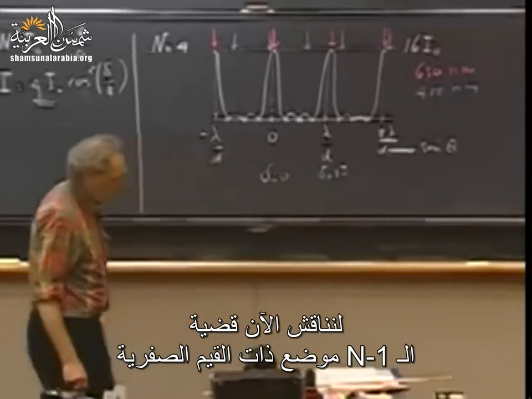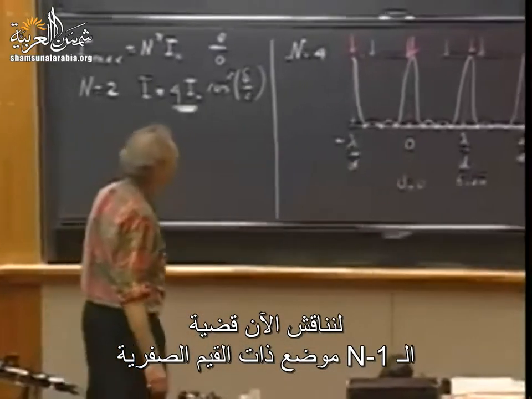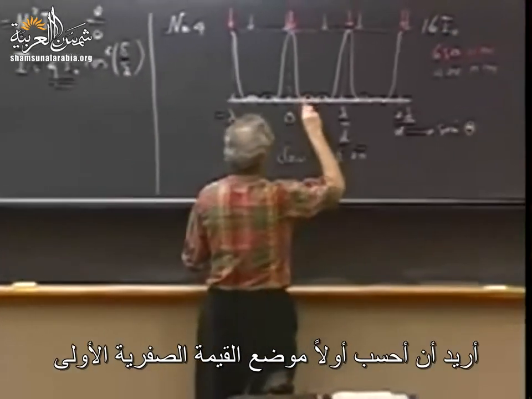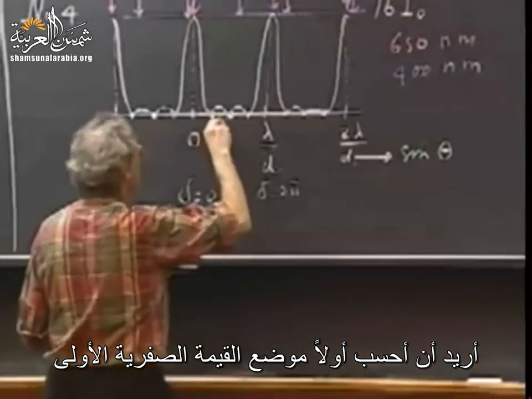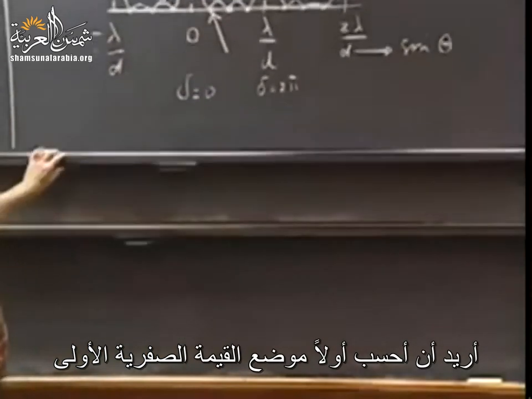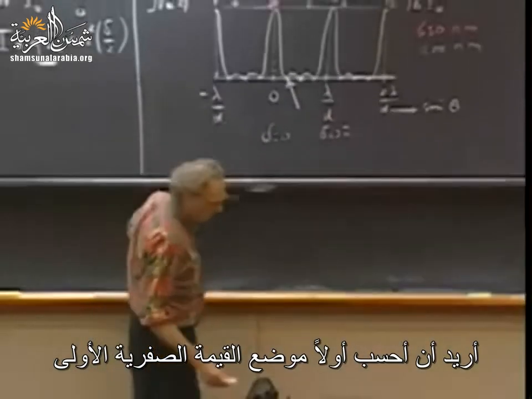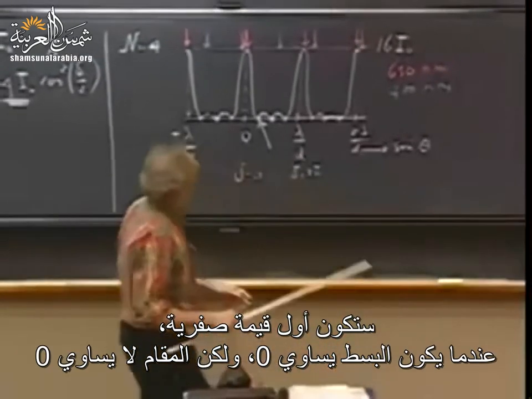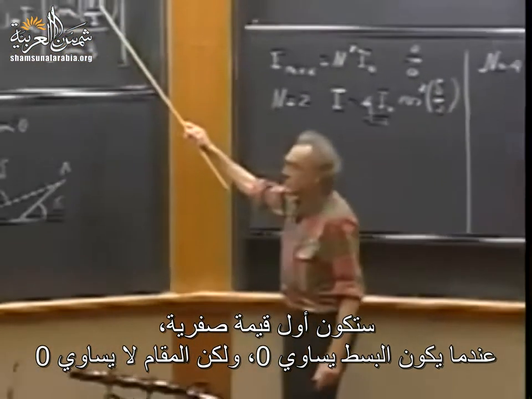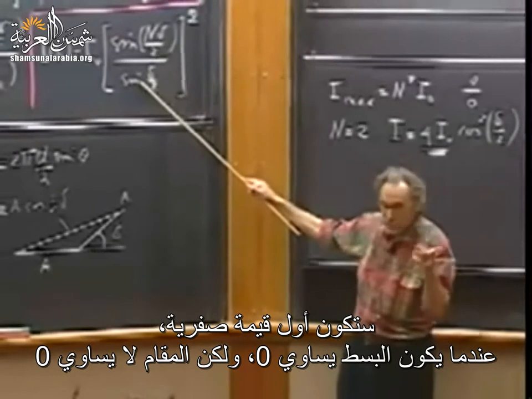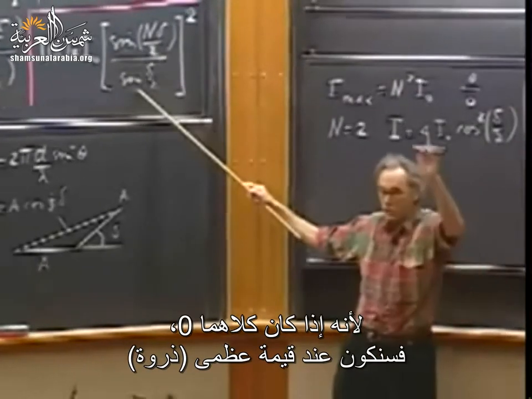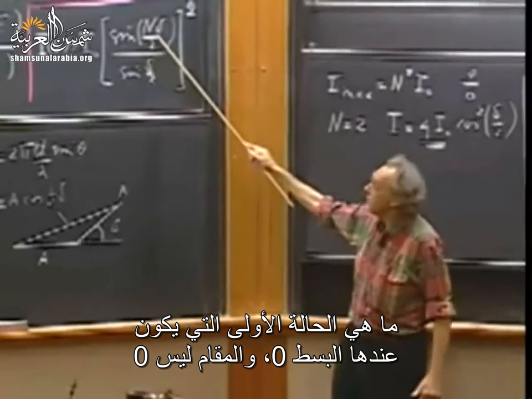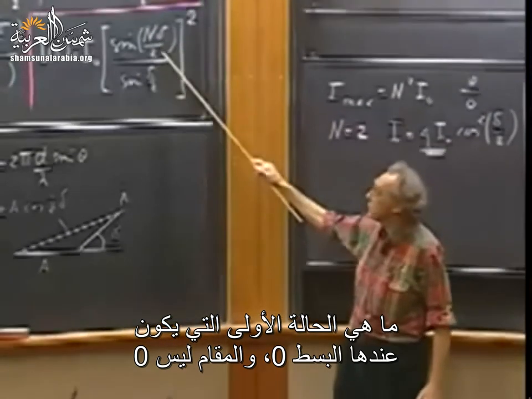Let's now address the issue of the n-1 zeros. I first want to calculate what the location is where you have your first complete 0. Well, you would have your first 0 when the upstairs is 0, but the downstairs is not 0. Because if they're both 0, you are at what we call a prime maximum. So what is the first time that this one becomes 0 when the downstairs is not 0?